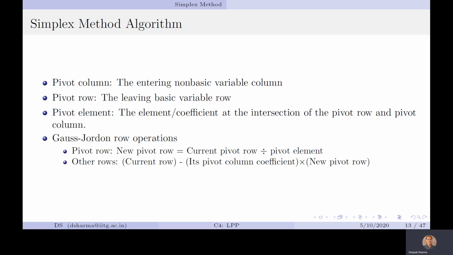While we will be solving a problem, there is one column called the pivot column. As of now, we know that the optimality condition will help us find which particular non-basic variable is to be made basic. The column of that entering non-basic variable is referred to as the pivot column.